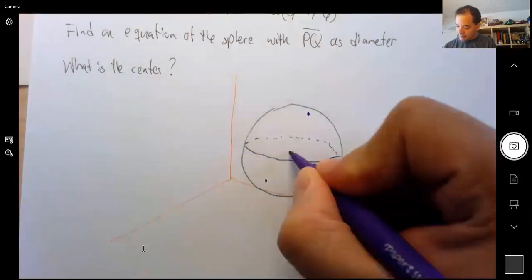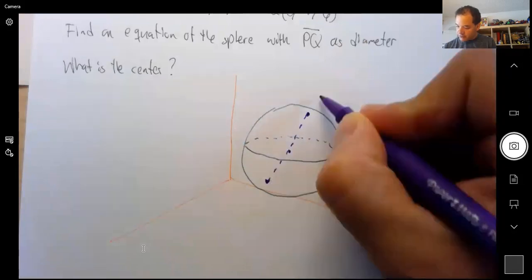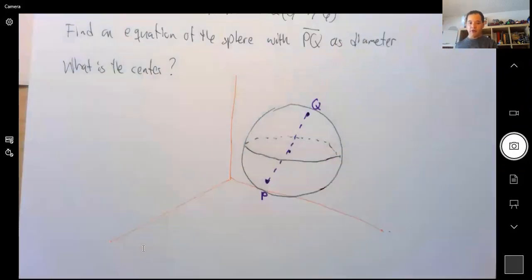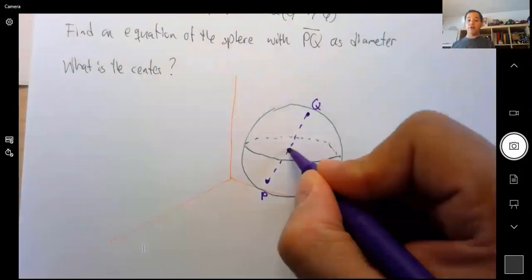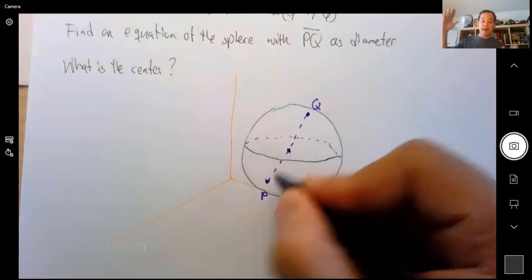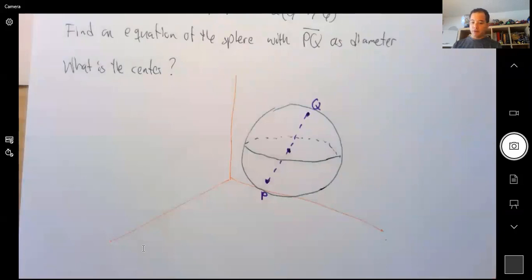So here's the center of the sphere, and I have 2 points, P and Q. These are not precisely the coordinates of P and Q in our problem. I just want to illustrate how you find the center. So if you have P and Q, and that's the diameter, how do you find the center? It's the midpoint of P and Q. Is that clear?